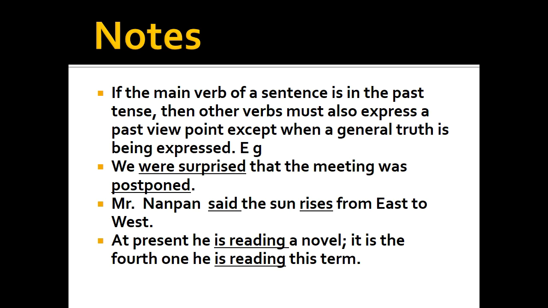So there are things I want you to note. If the main verb of a sentence is in the past tense, then other verbs must also express a past viewpoint. Remember, I've said this, except when a general truth is being expressed. So I've explained this. So take note of this. If you are using past tense, be consistent in using it.